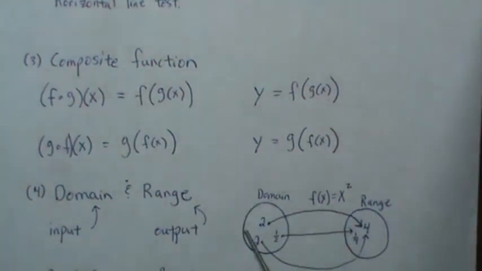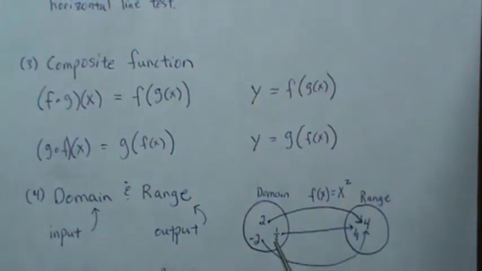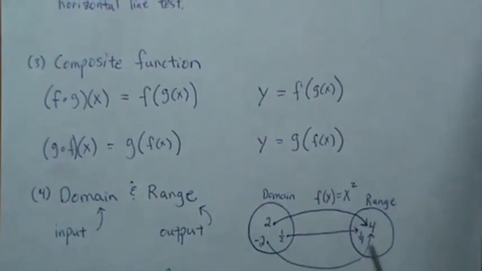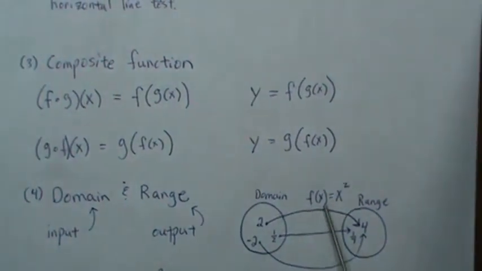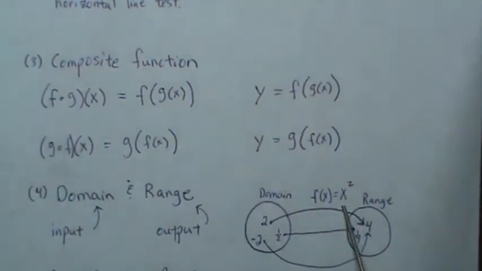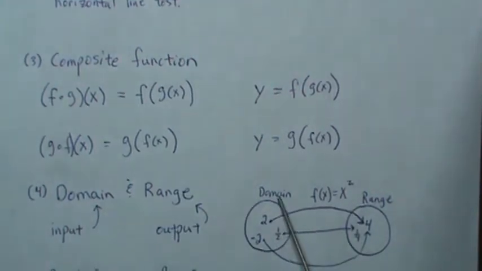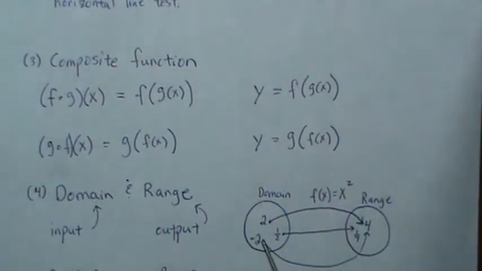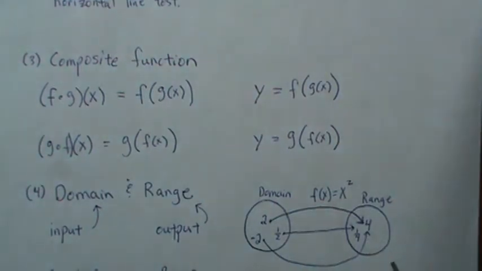And so the domain is all possible values for a specific function, and the range is what you get out. So if f of x equals x squared, the domain is all real numbers. So every value that we pick, say 2, is mapped to 4. If we pick 1/2, it's mapped to 1/4. If we pick -2, it's mapped to 4.